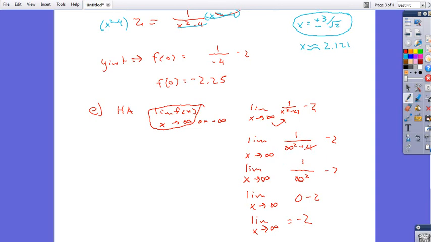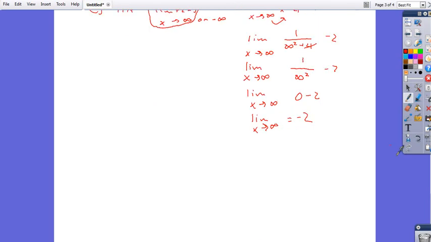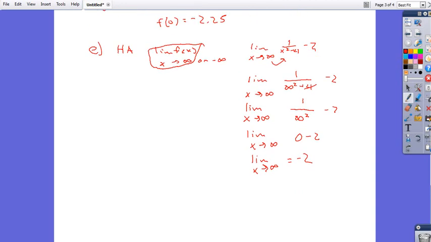Now, you probably already knew that. You didn't have to do that much work, but I'm just showing as much work as possible. It doesn't matter if this was infinity or negative infinity, because it becomes 0. So you automatically know the limit as x approaches negative infinity of f of x is going to equal negative 2 as well.